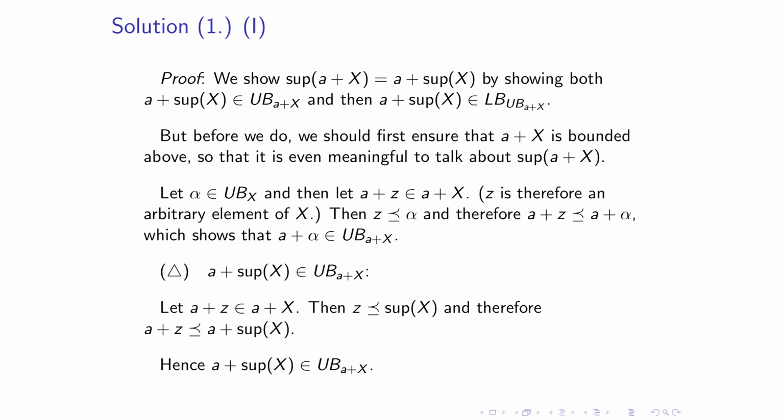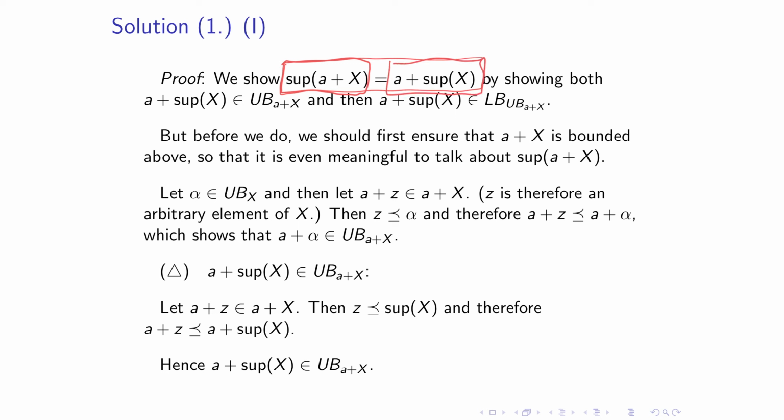Here we're going to start by proving the first equation. And if you're new to these proofs, it's worth wondering how we are going to approach this. Well, we could start by trying to show something about the left-hand side, or we could try to show something about the right-hand side.